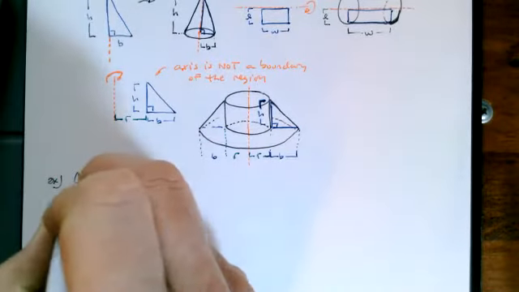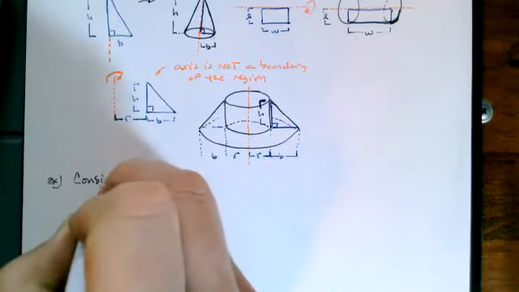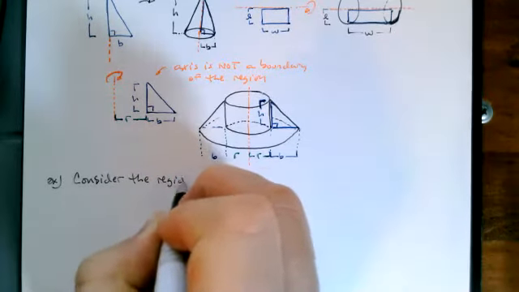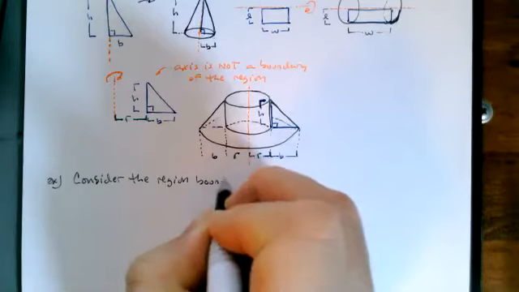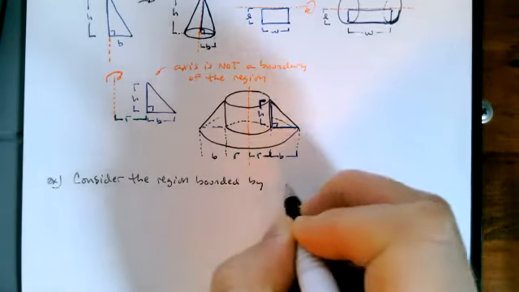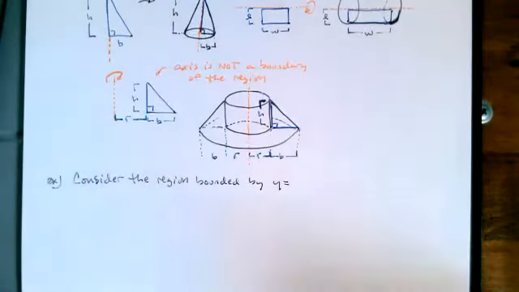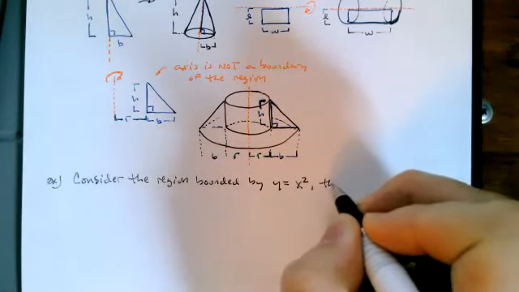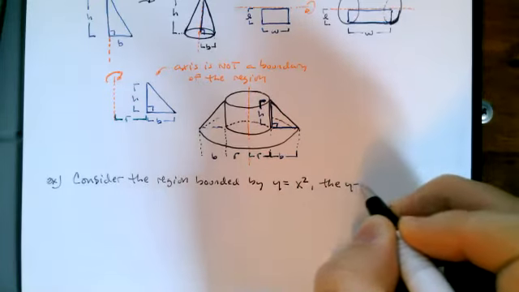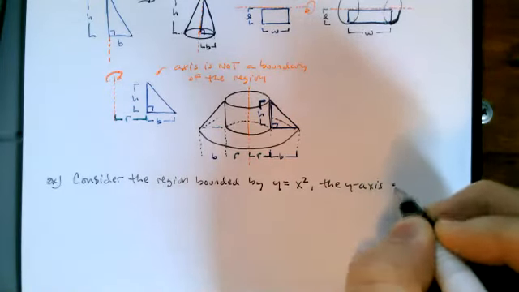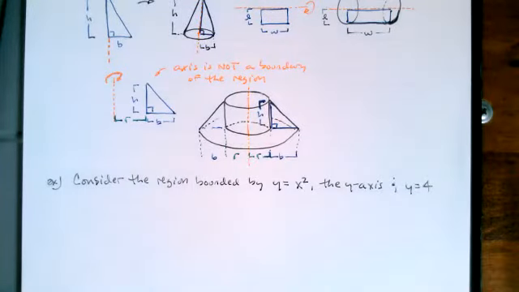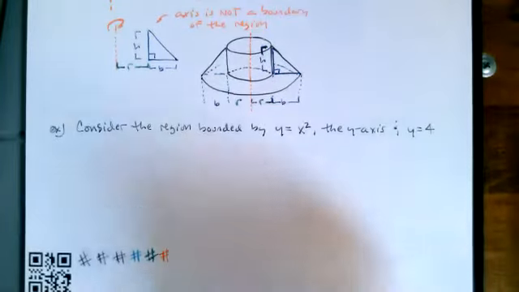Consider the region bounded by y equals x squared, the y-axis, and y equals 4. I think I did 2, 4 when I did the x squared version. So let's do that.